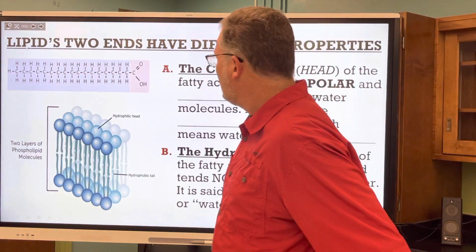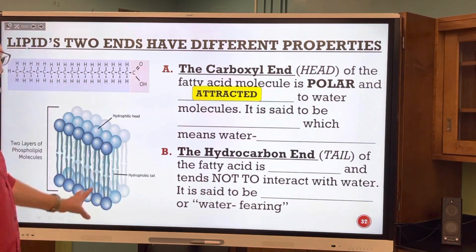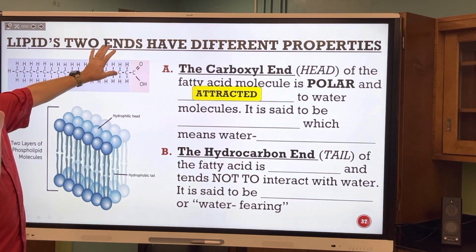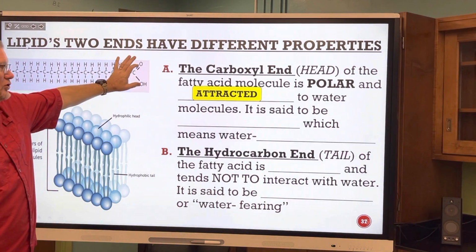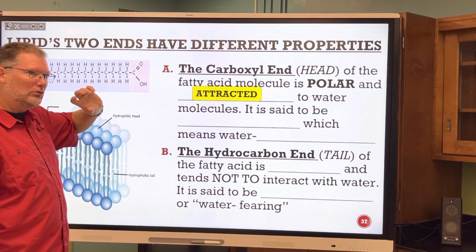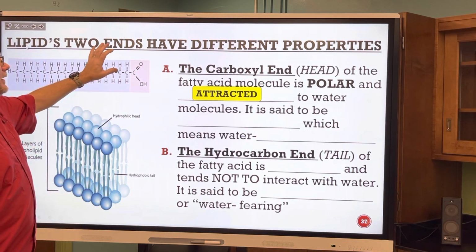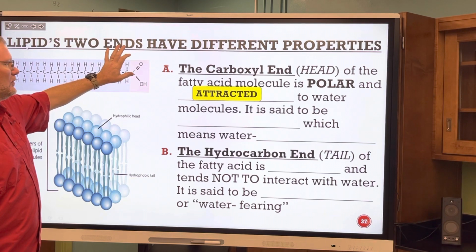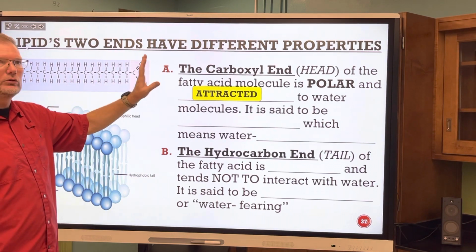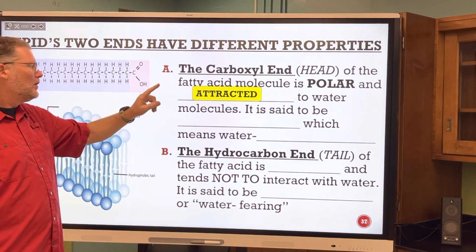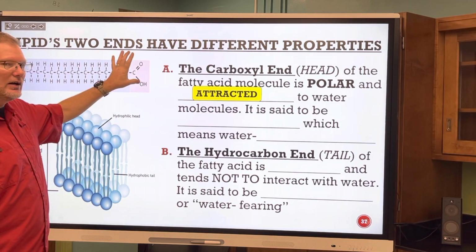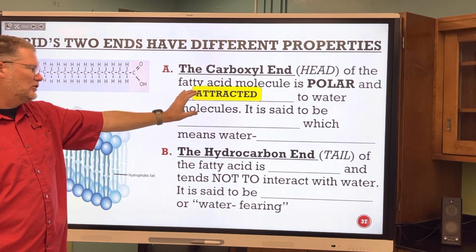So, lipids have 2 ends that have different properties. So, here's your fatty acid, okay? And it's got the carboxyl end, which I told you I would talk to you about more in the last set of notes, of the fatty acid molecule, and that's polar. So it's attracted to water. Remember, like dissolves like. So the polarity of this carboxyl end is going to be attracted to water.